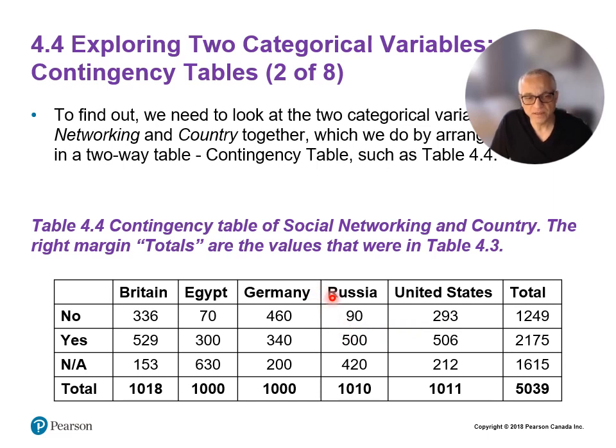So you can see here that you have some columns, and each column represents a country, and you have three rows, each one representing an answer. At the bottom, in the last row, you will find the total. The total Egyptian is 1,000, the German is 1,000, the Britain is 1,018, and so on and so forth.